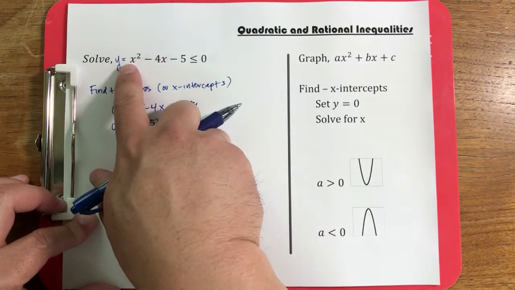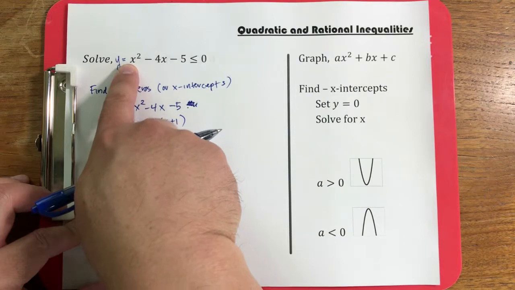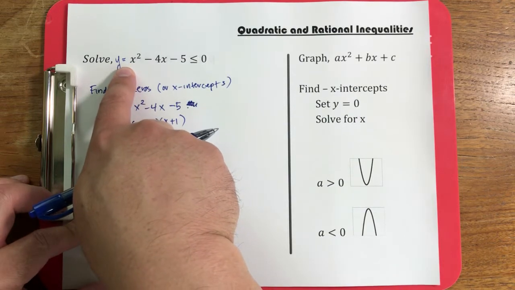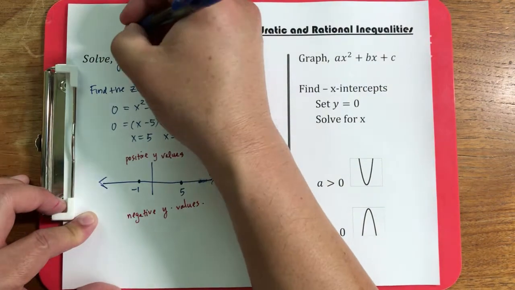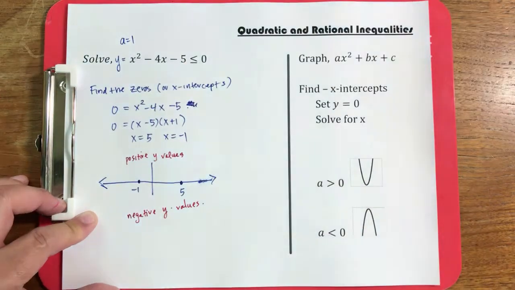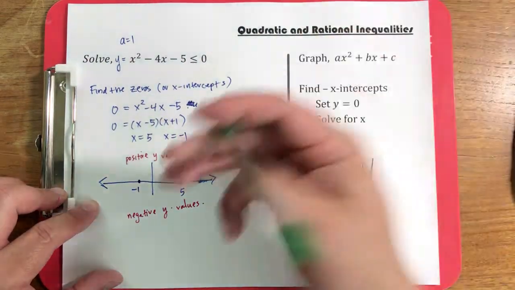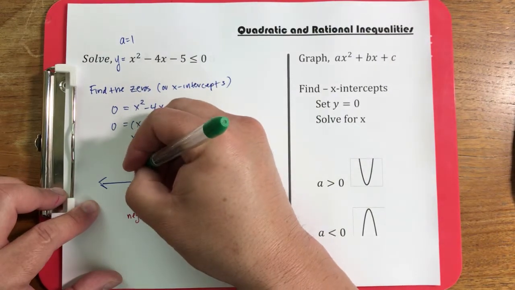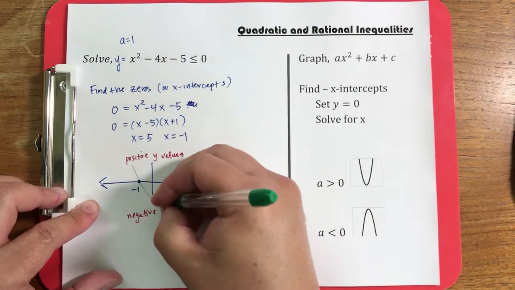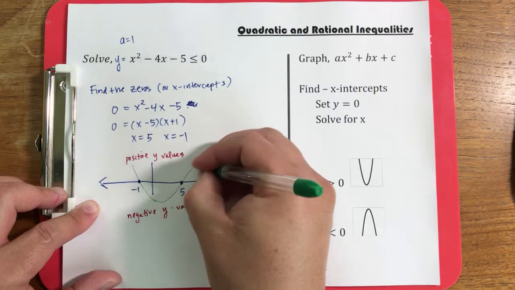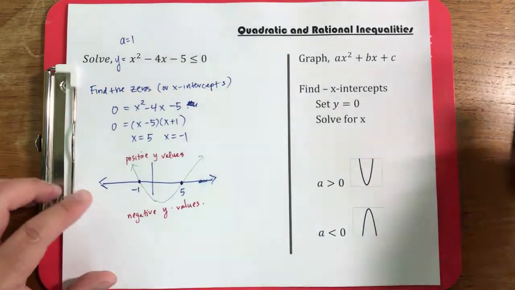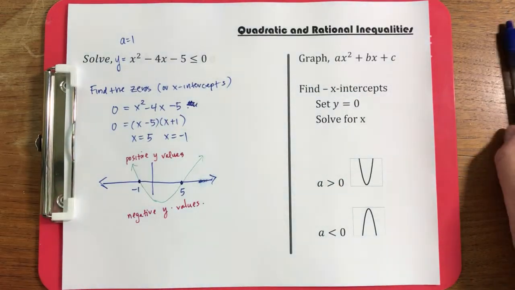So in this case, a is positive, whatever number is in front of the x squared, in this case a equal to 1. Since that's positive, we would draw the graph opening up. It would look roughly like this.